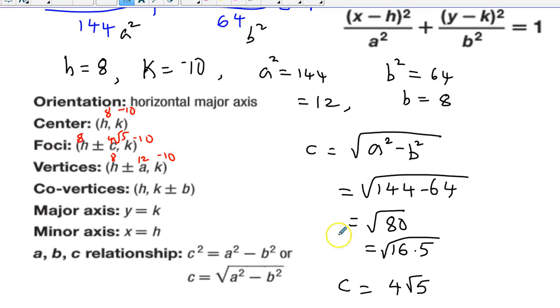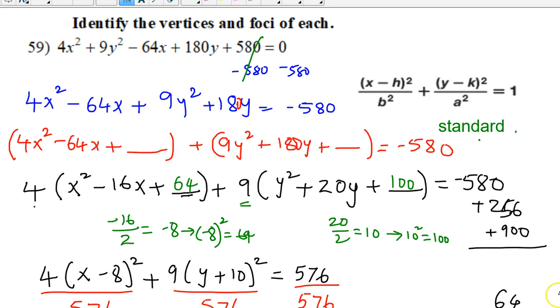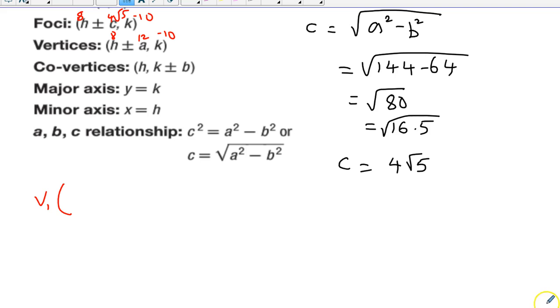So first, let me find the vertex V1. h, that is 8, plus a, 12, comma k, negative 10.